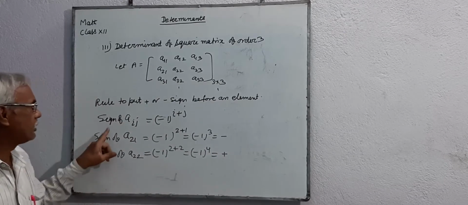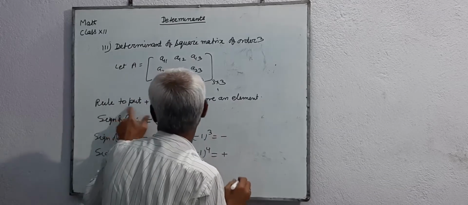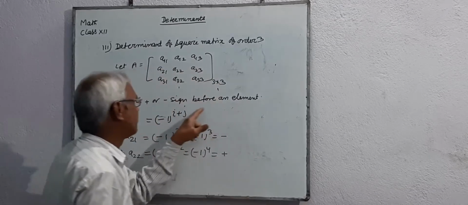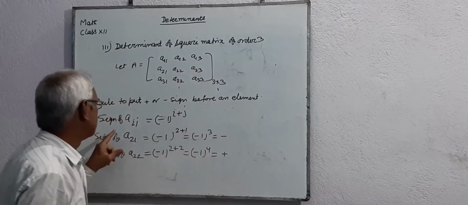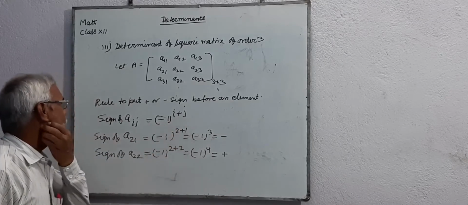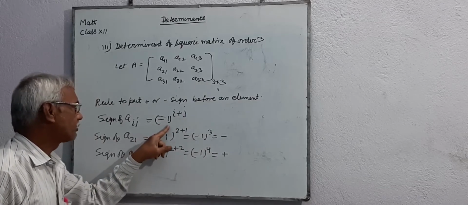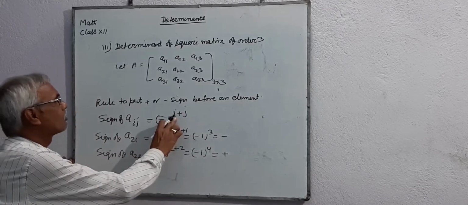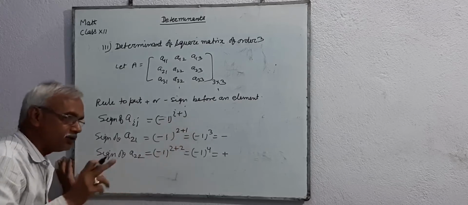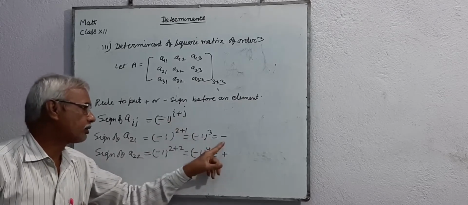The sign given before an element is minus 1 to the power of the sum of its row and column. If the sum of row and column is even, the sign is positive. If it is odd, the sign is negative.